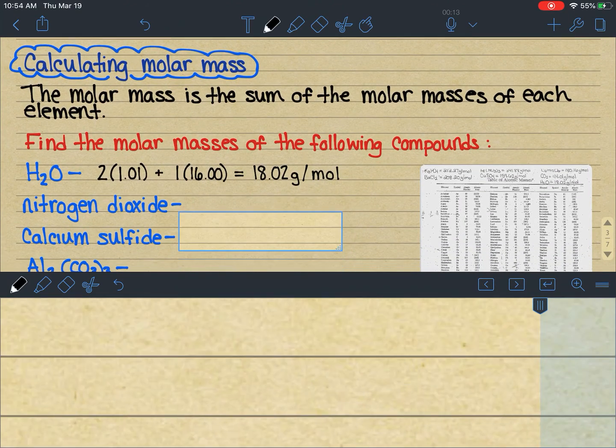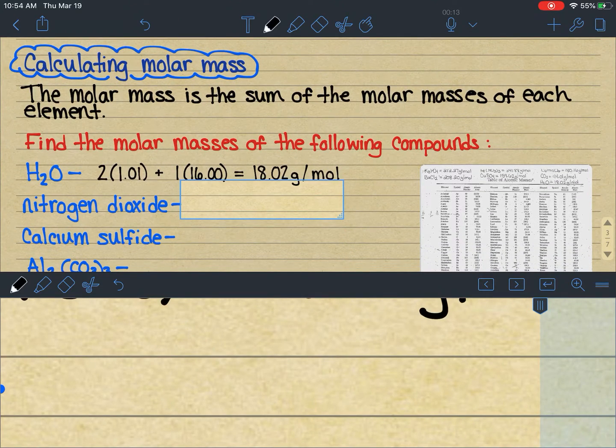All right, let's do another one. Let's do nitrogen dioxide. This is, again, bringing in naming skills that you should have accumulated from earlier in the year. So nitrogen dioxide, nitrogen, and then the di representing 2, so this would be NO2. I'm going to do that exact same thing.